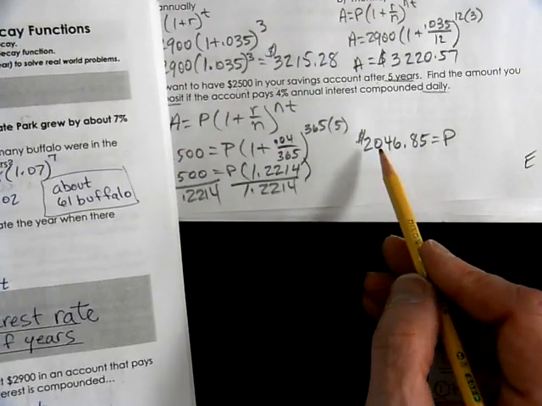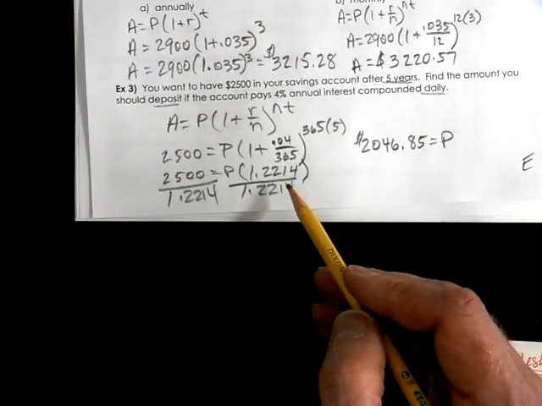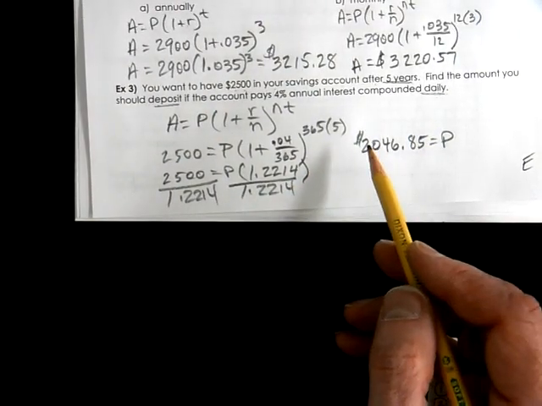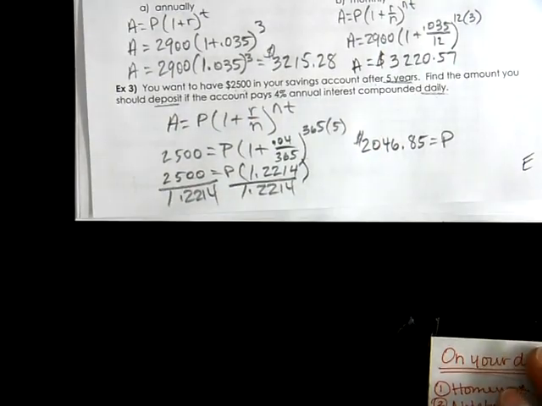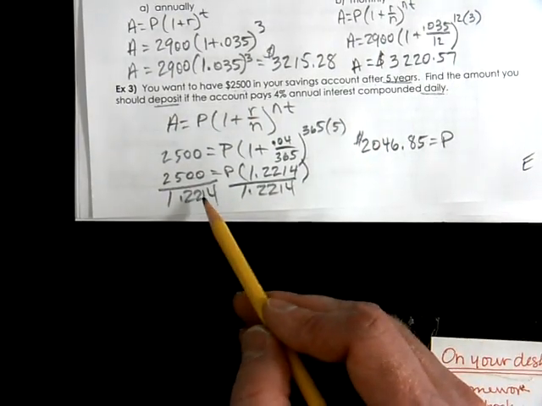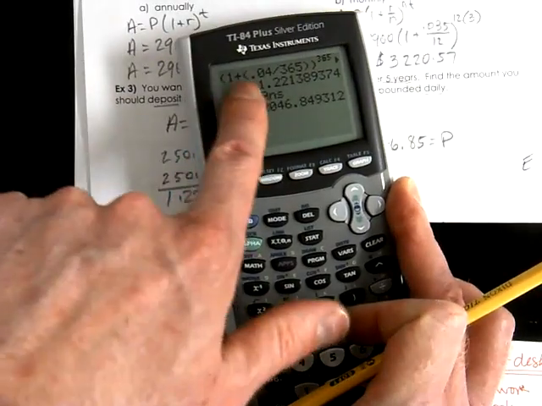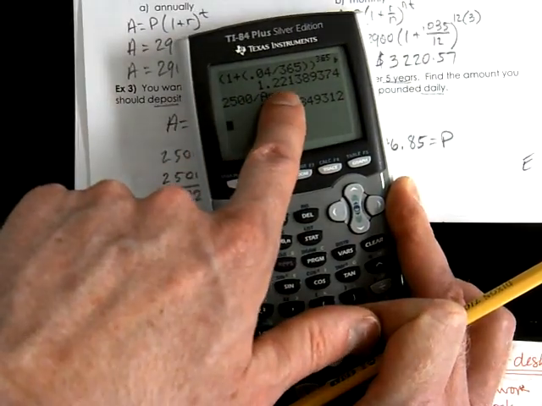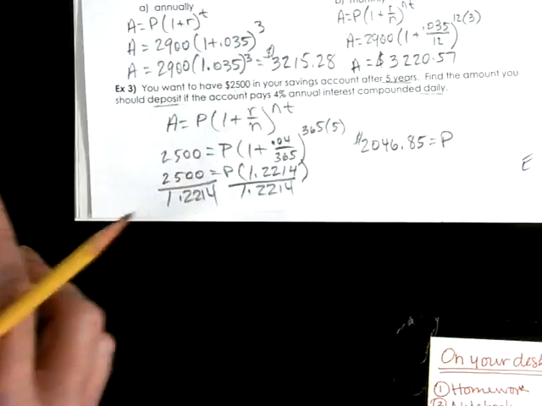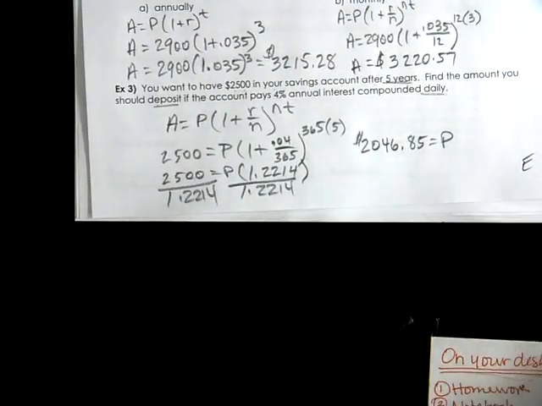We came up with 2,046 because we used the real value, not a rounded value. Yes, I wrote a rounded value, but I calculated with the previous real value. So we flip over.